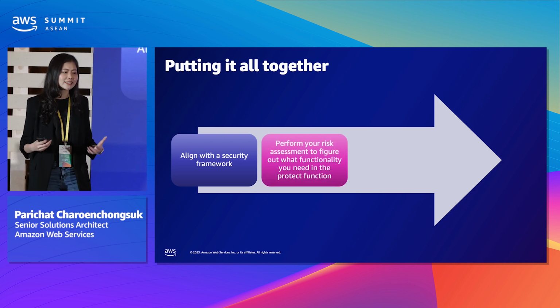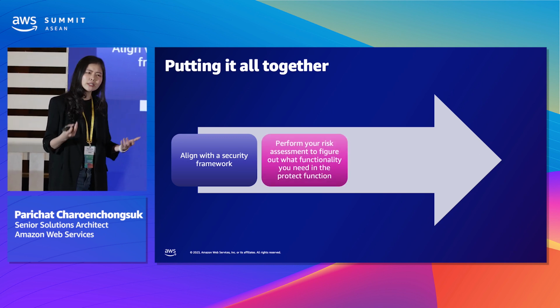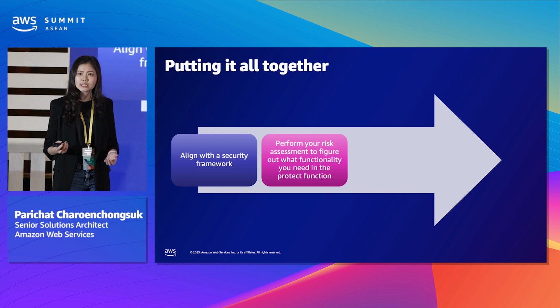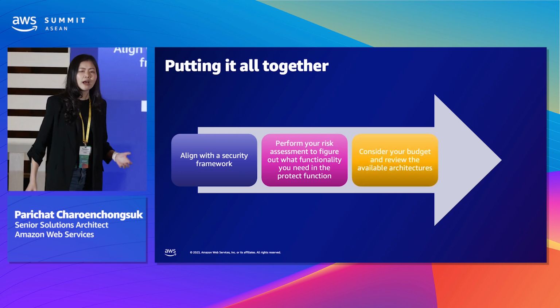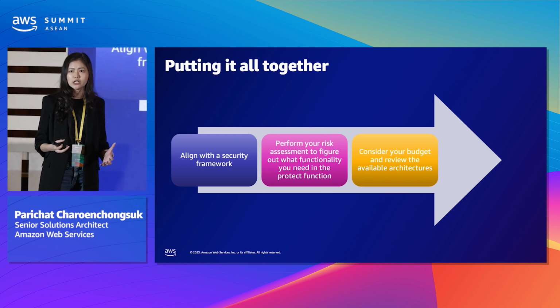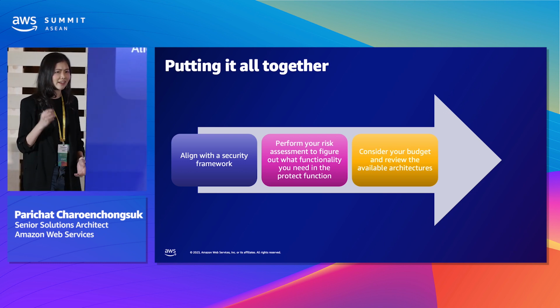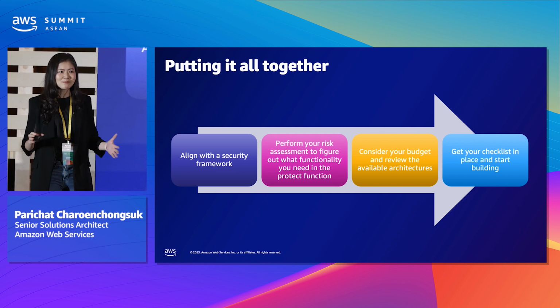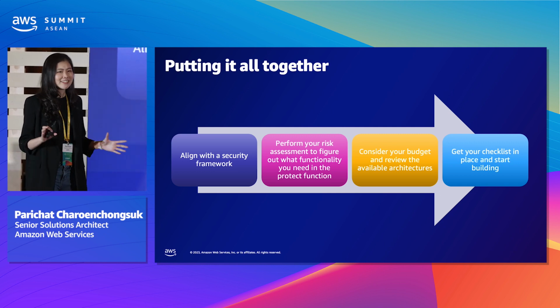Then perform risk assessments and consider which functionality you need. And you have to consider your budget as well and your existing architecture to prepare for changes. Well, the final step is the most important. Let's start building.